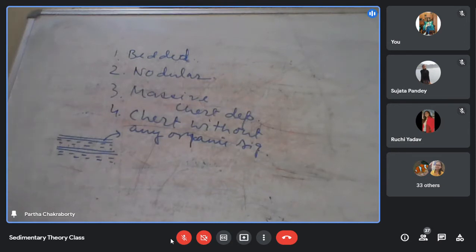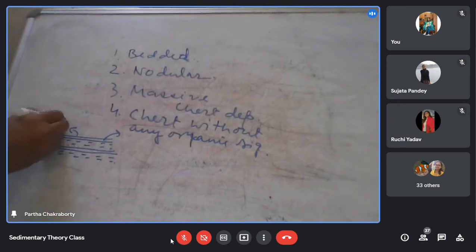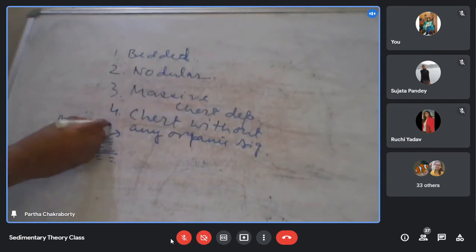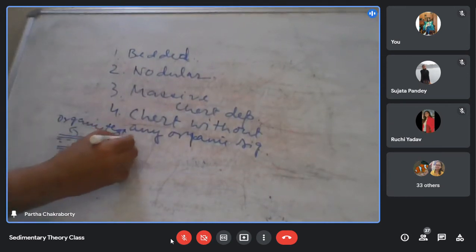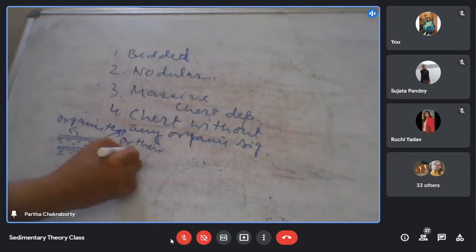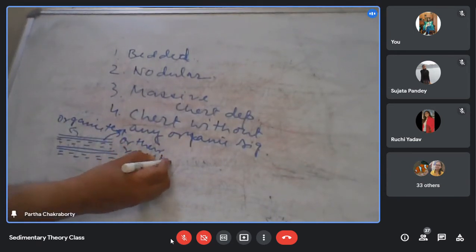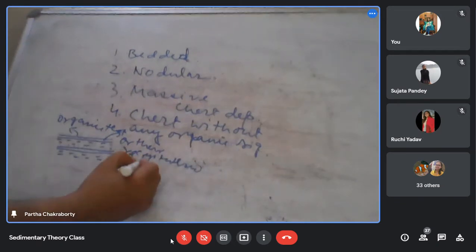These tests are there, and when the tests go into dissolution, in their place the saturated silica solution precipitates opal, and that changes to quartz. So it goes into dissolution and recrystallizes. So it is either an organic test, or a recrystallized product.